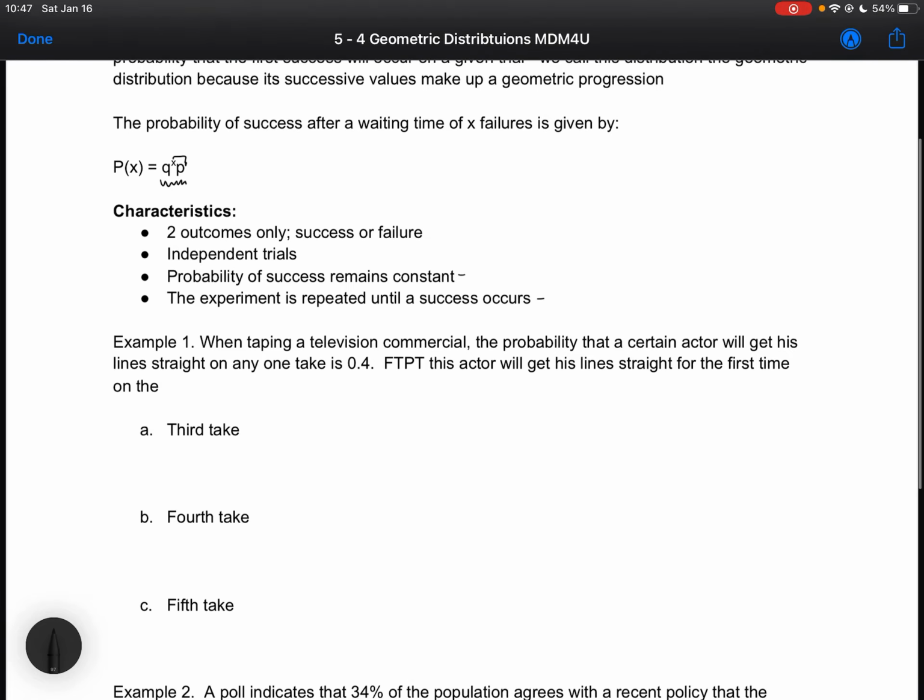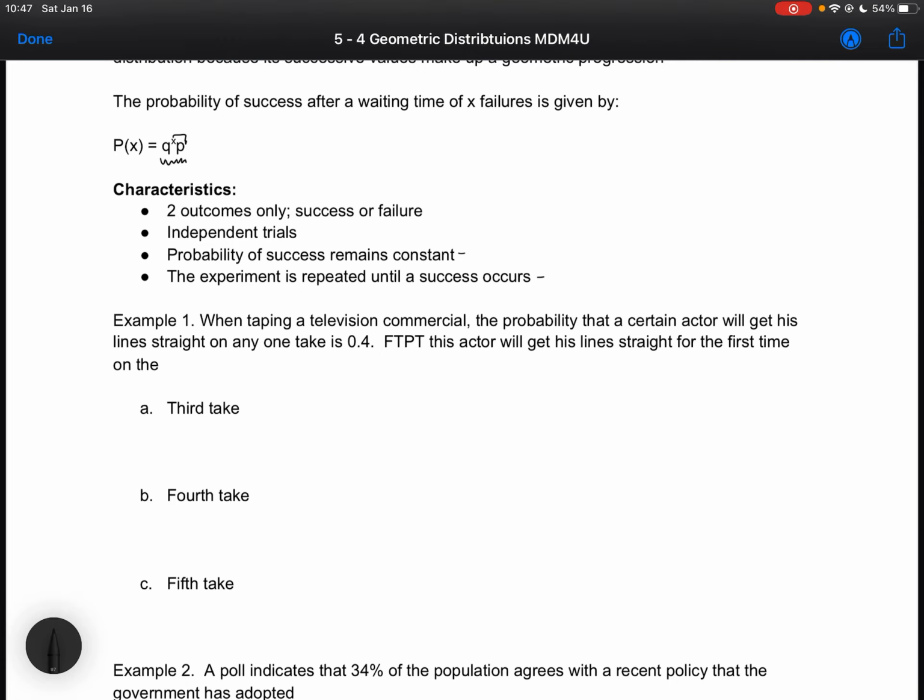So for example, when taping a television commercial, the probability that a certain actor will get his line straight on any one take is 0.4. So this is our probability of success, which means that our q value is 0.6. Find the probability that this actor will get his line straight for the first time on the third take. So that means 2 failures, 1 success.